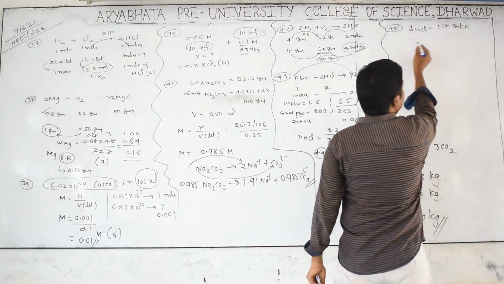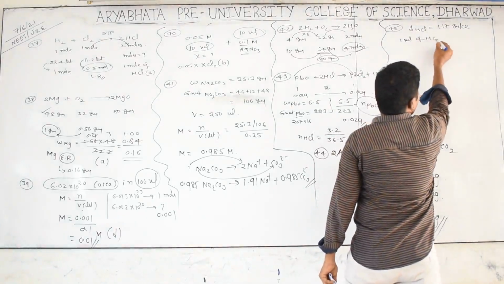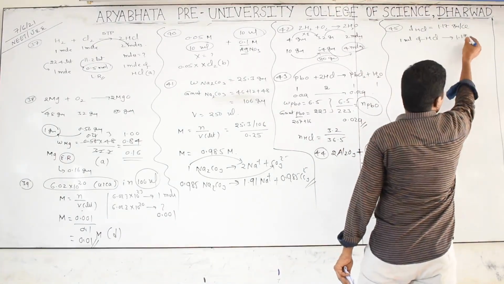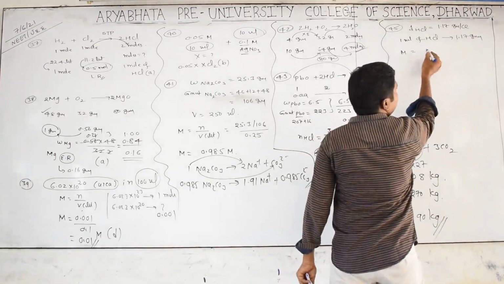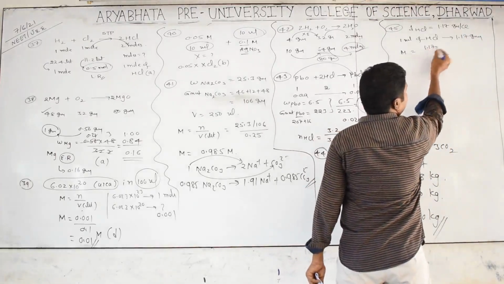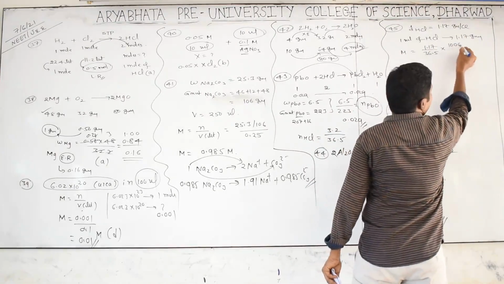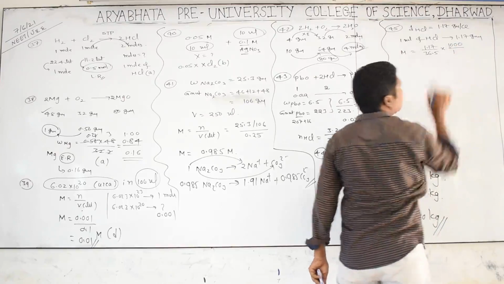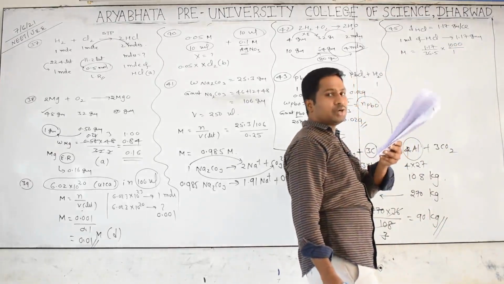So density means 1 ml of HCl has mass 1.17 grams. Then molarity equals weight 1.17 by molecular weight 36.5 into 1000 by volume in mLs. Do the simplification and the answer will be 32.05.